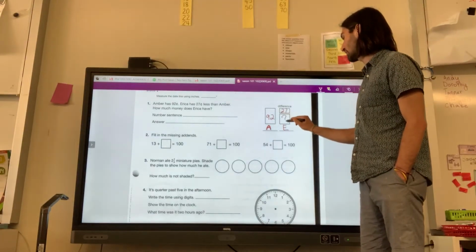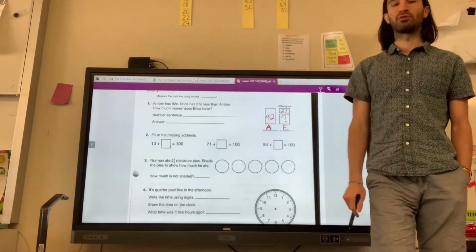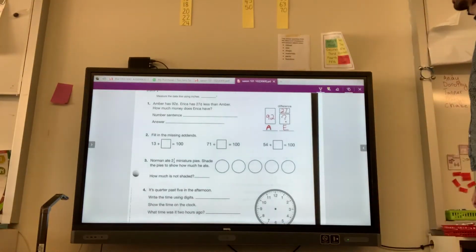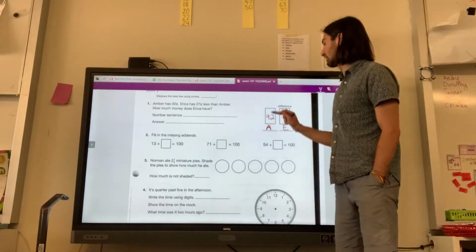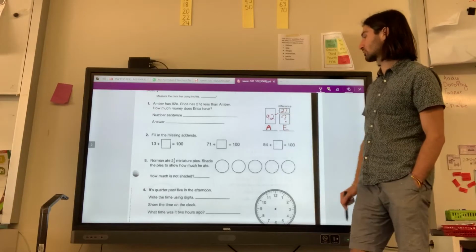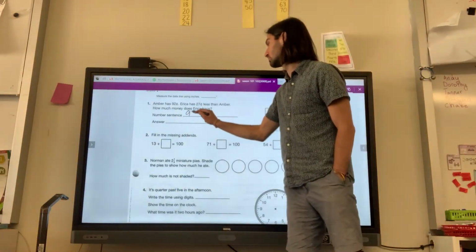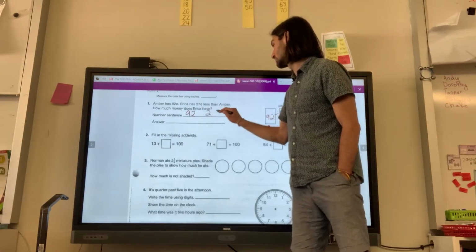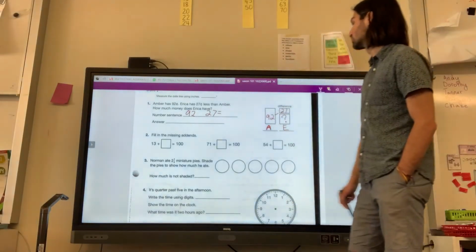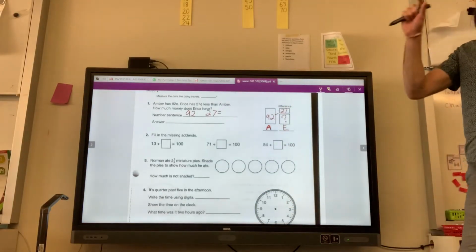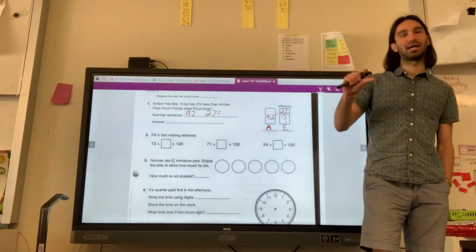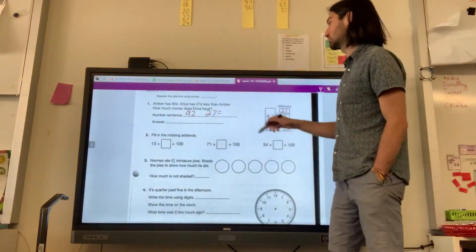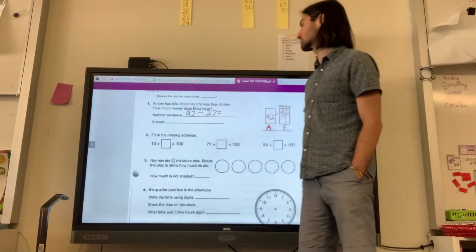How much money Erica has is what we are trying to figure out right now in this question. So our number sentence is going to have these two numbers in it, 92 and 21. 92 minus 21 equals something. So Erica has a smaller amount than Amber. So that means that we're going to have to subtract.